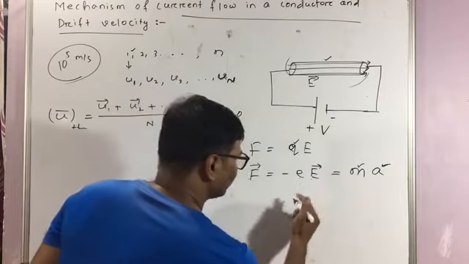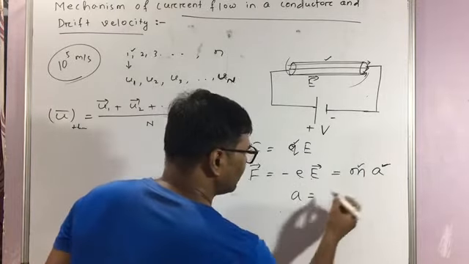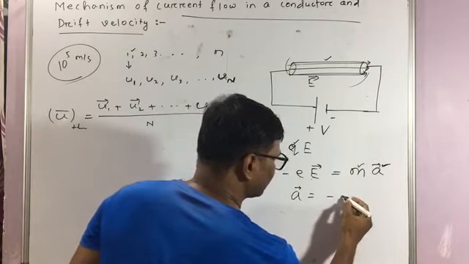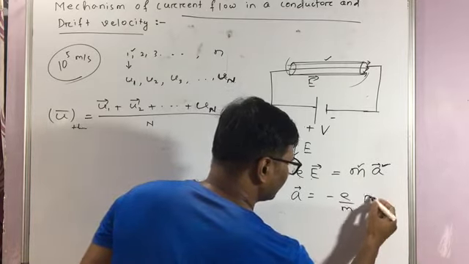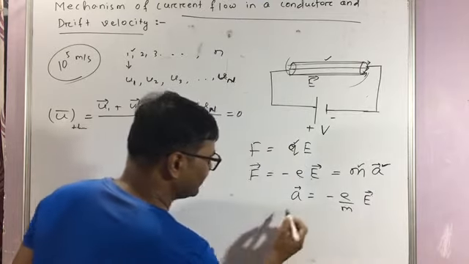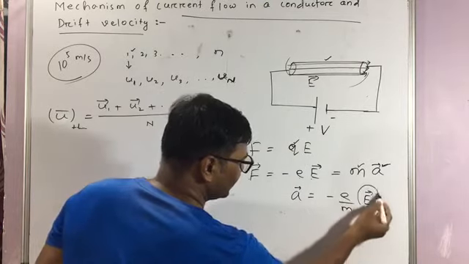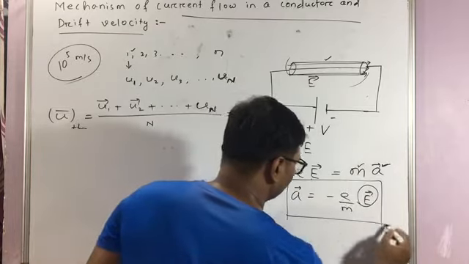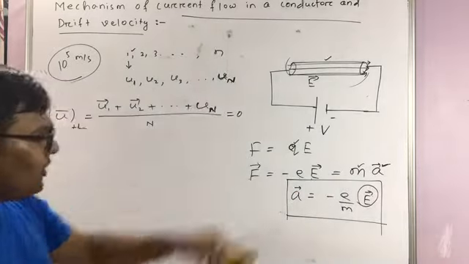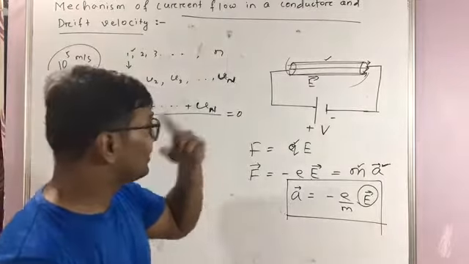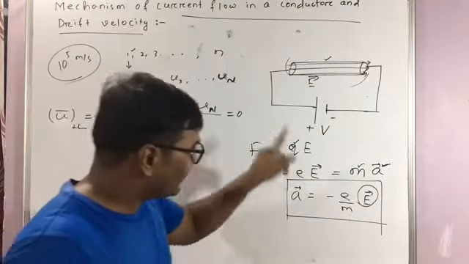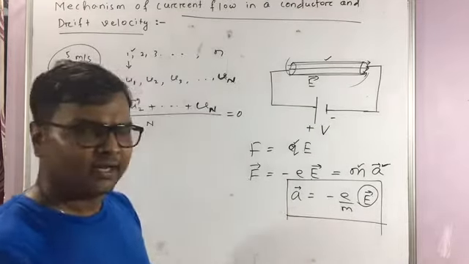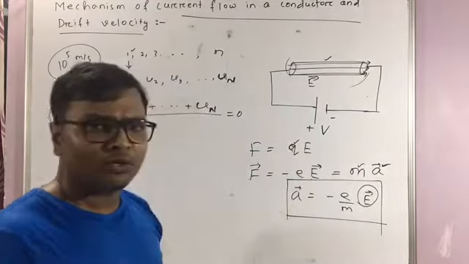So if you compare these two, you get the acceleration equal to minus e by m into E. Which means the electron gets accelerated opposite to the electric field. Try to understand. Got it? So all the electrons, because there are n number of electrons, get accelerated inside that electric field. Clear? And that is opposite to the electric field.